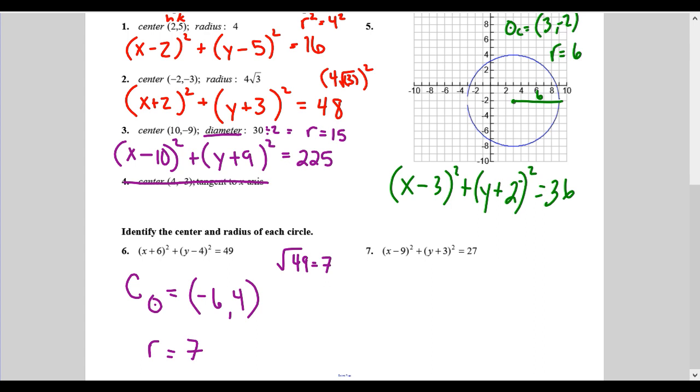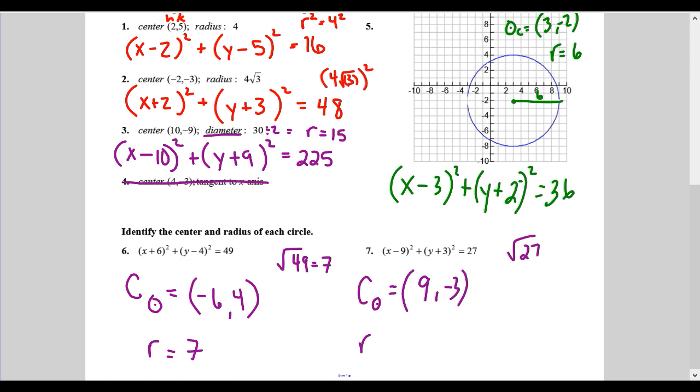So number 7 then. The center point of the circle, what's my x, y for the center? 9 and negative 3. Good. That's my center point. And then what's the radius? Square root of 27. Now it gives us a decimal.